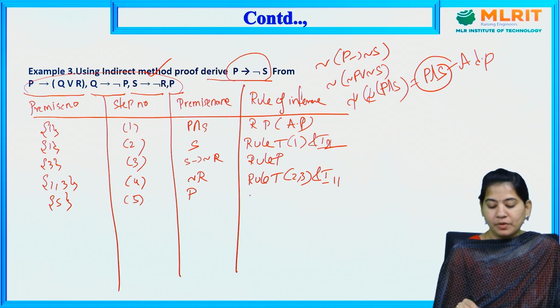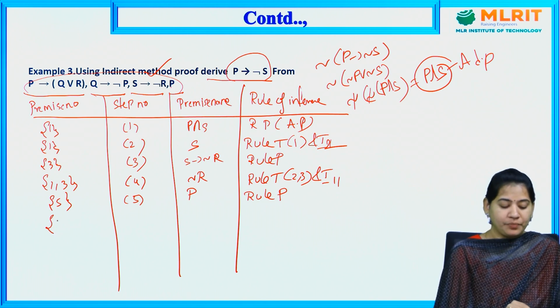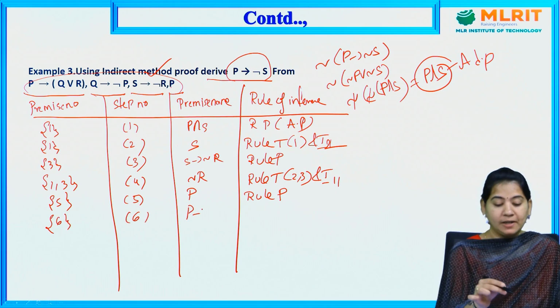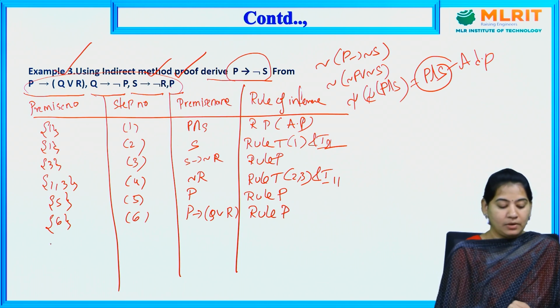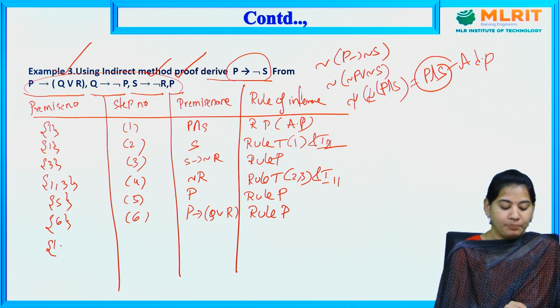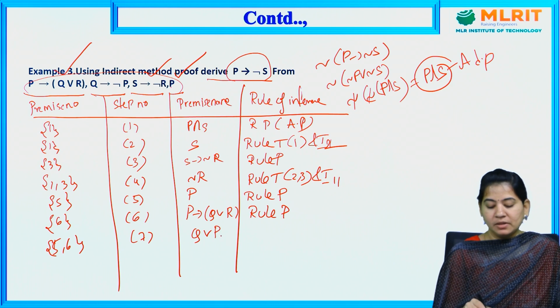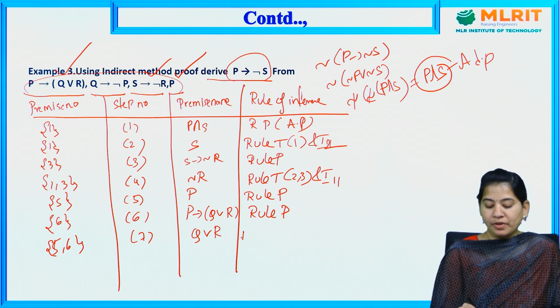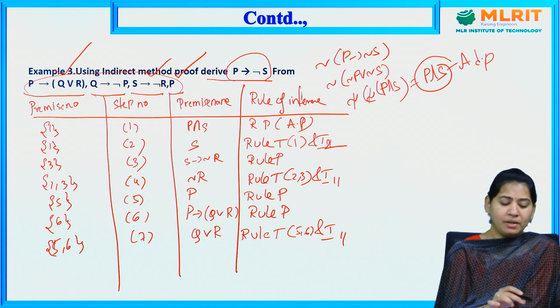So here P, which is called rule P. Now premises number here is 6, step number is 6, and so if this P is done, now we are going to include P implies Q, which is called rule P. Now the premises name here you will get the 5 comma 6, step number is 7, P comma P implies Q is Q, which is called rule T, step number 5 comma 6 and I11 formula I have applied. Now, P implies Q is also done here.